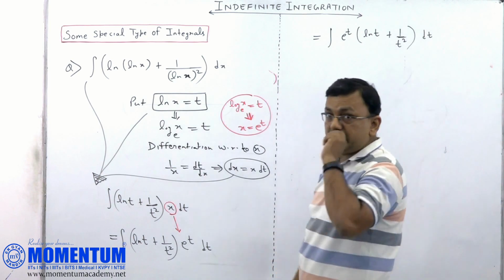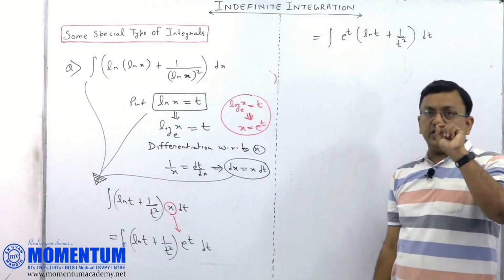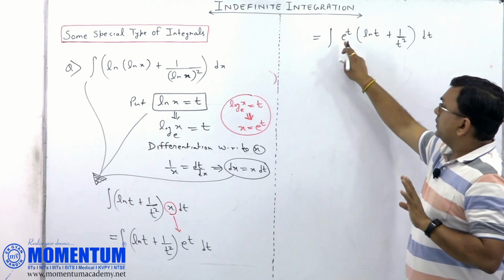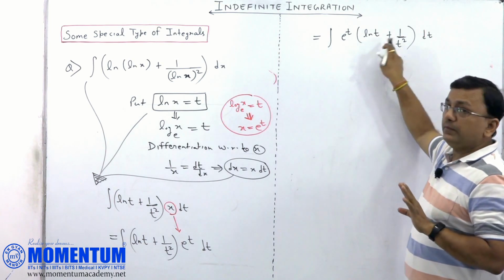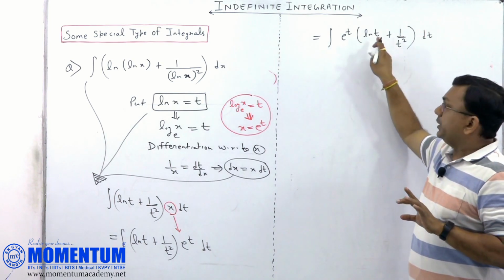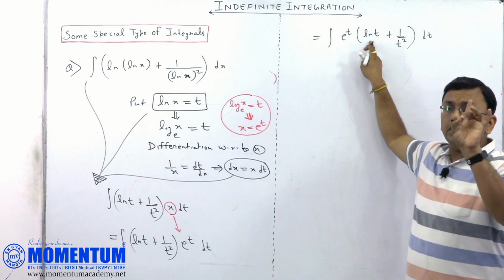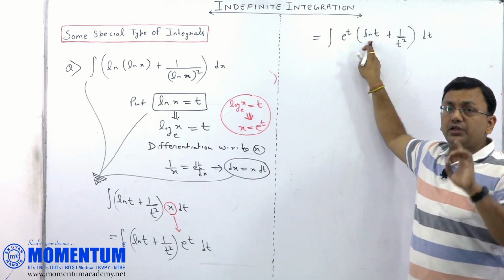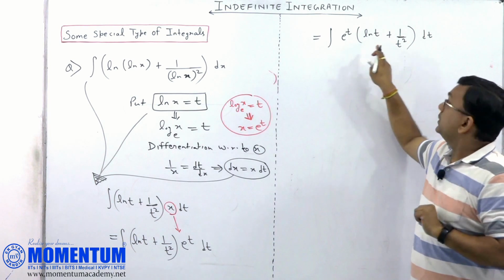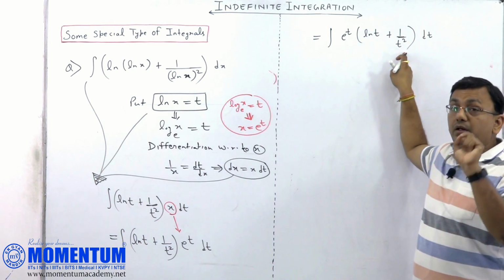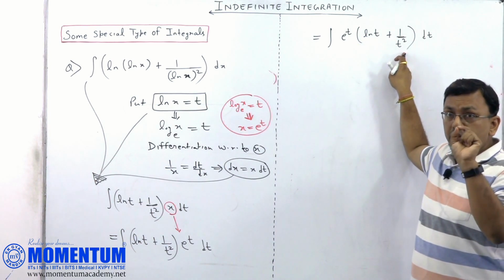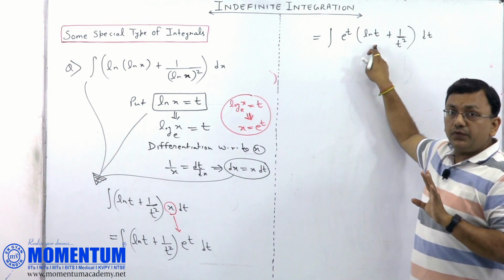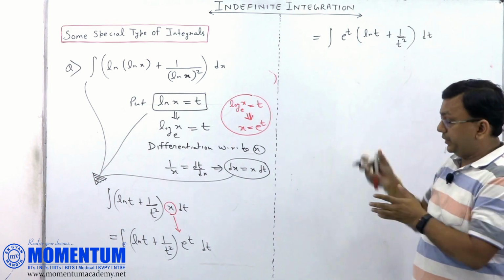There is still a twist in the story. Our special integral says e to the power x times function plus derivative. If I call ln t the function, what will be the differentiation of ln t? 1 upon t. Whereas here what is there? 1/t². Try to understand, it is not function plus derivative.